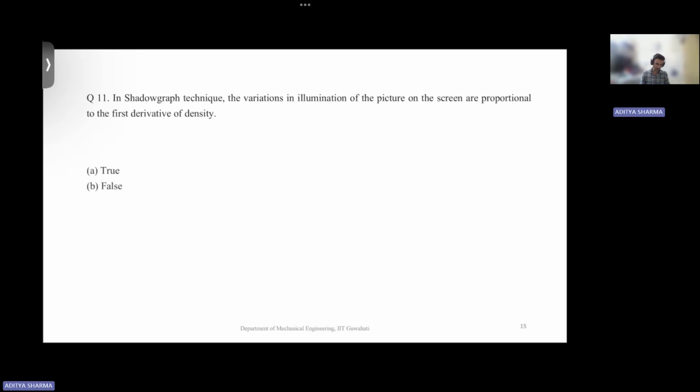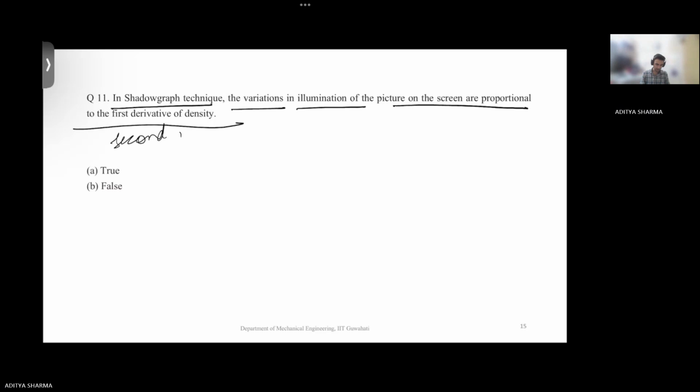Then question number 11 says that in your shadowgraph technique, the variations in illumination of the picture on the screen are proportional to the first derivative of density. So we have seen that this is your second derivative of density.